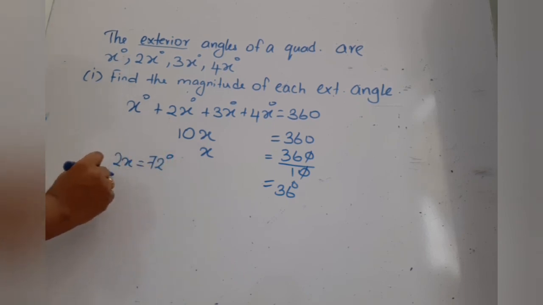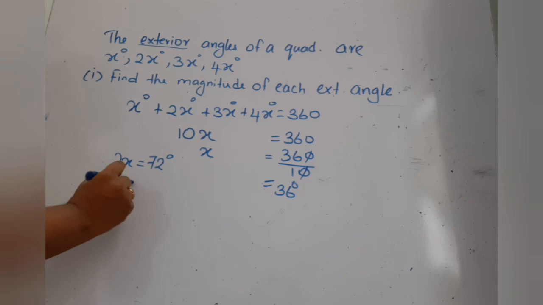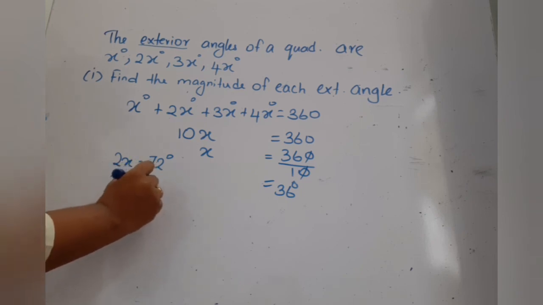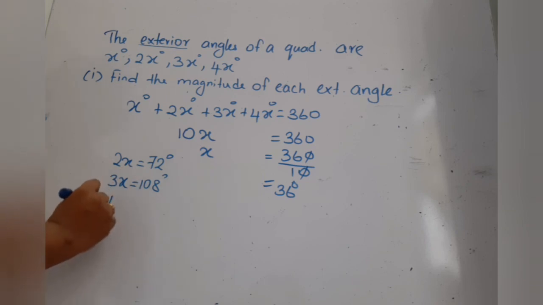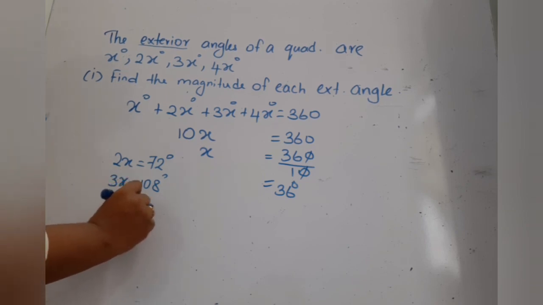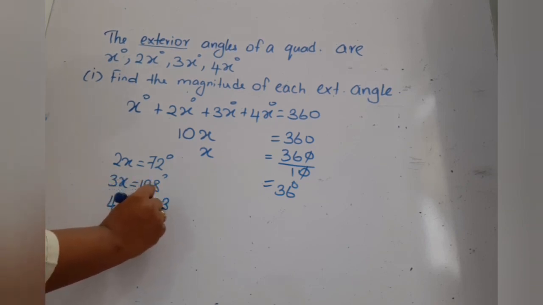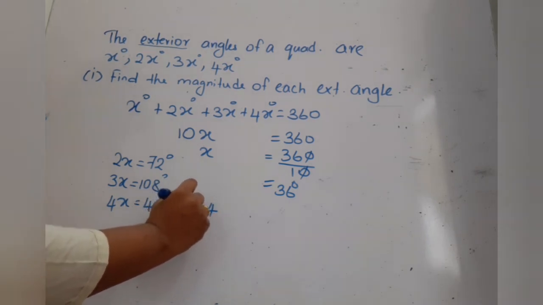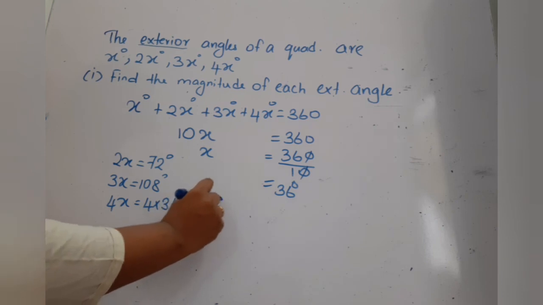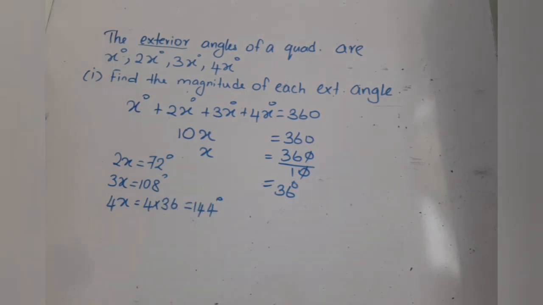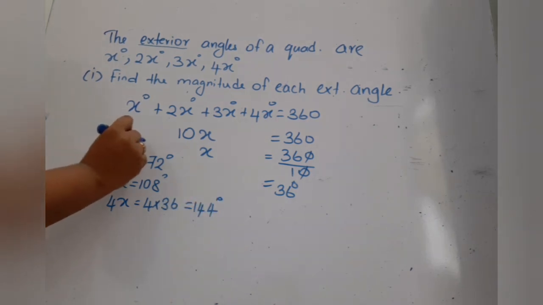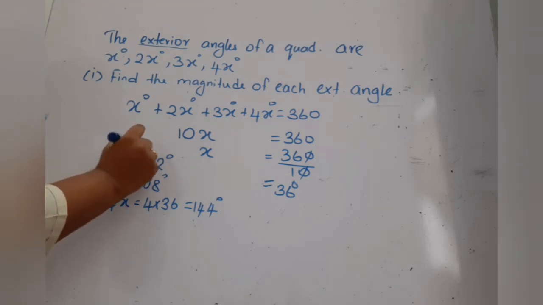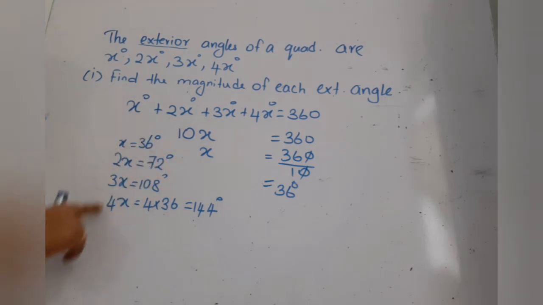The third exterior angle is 3x, which is 108 degrees. Then at last 4x, which is 4 into 36, 144 degrees. So these are the answers, the exterior angles of that quadrilateral.